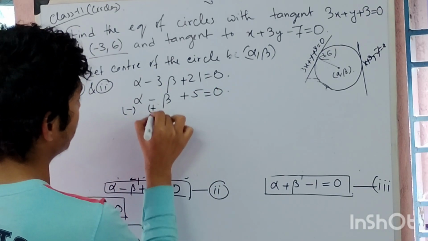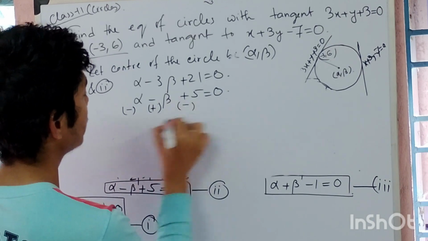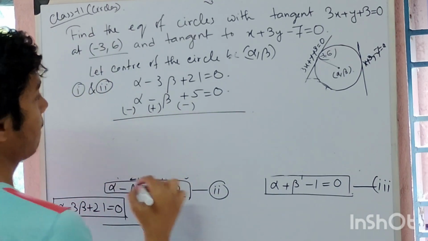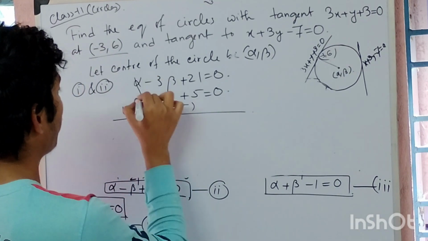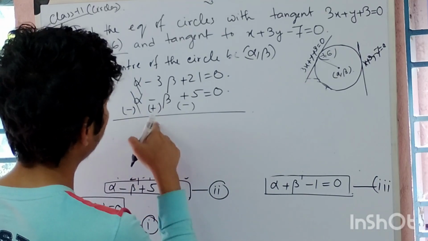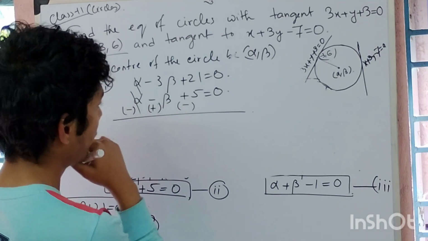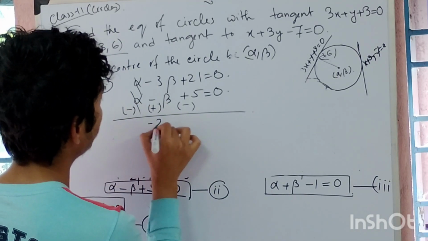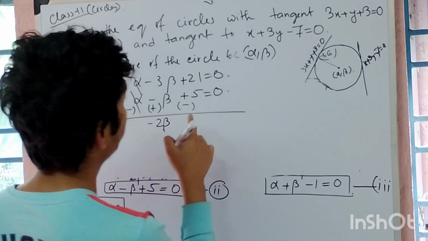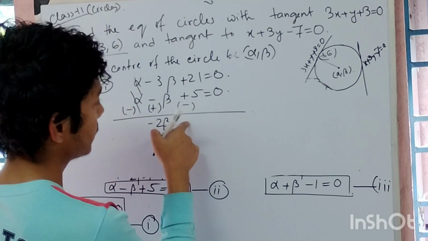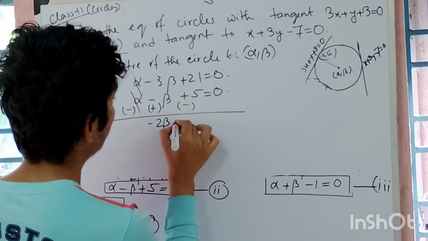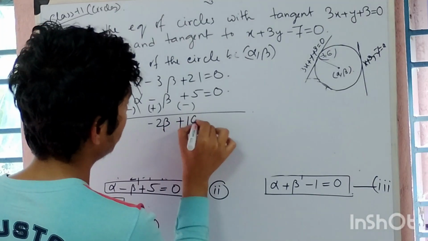I am subtracting, so the signs will change. So alpha minus alpha is 0, minus 3 beta plus beta is minus 2 beta, and plus 21 minus 5 is plus 16.